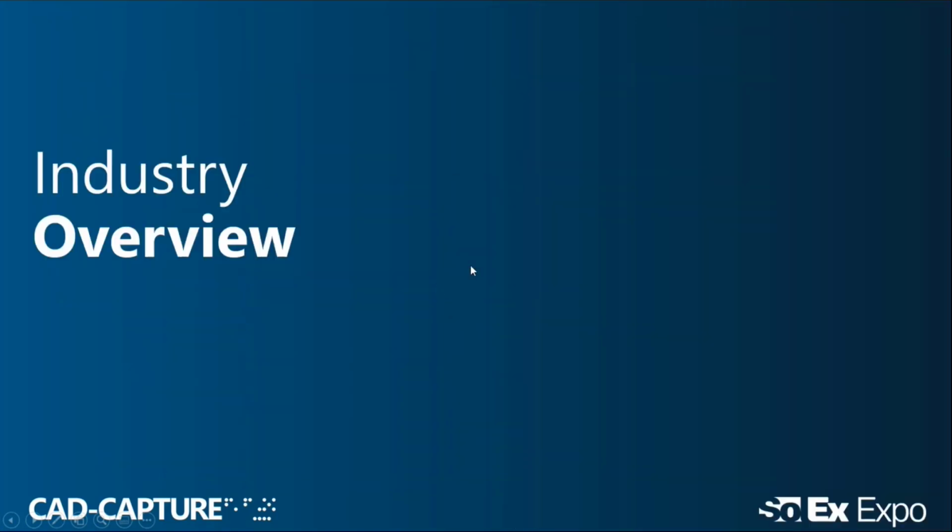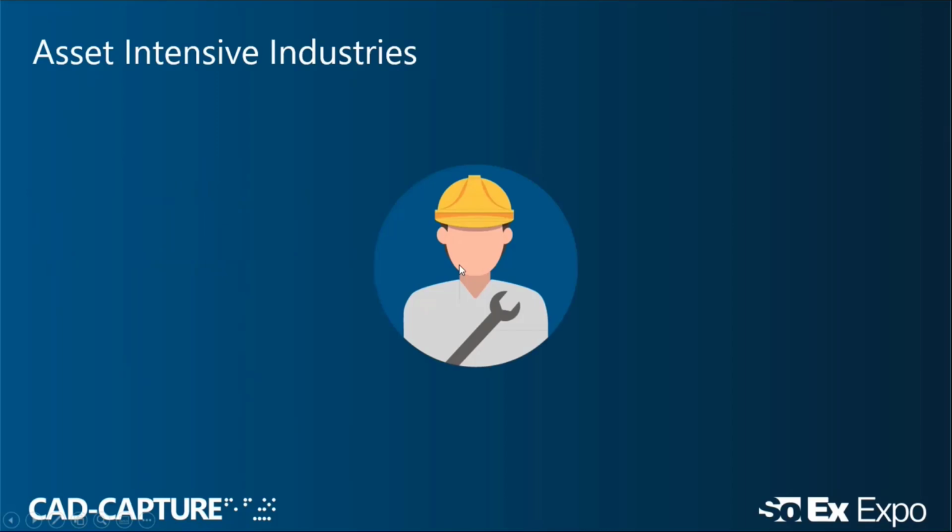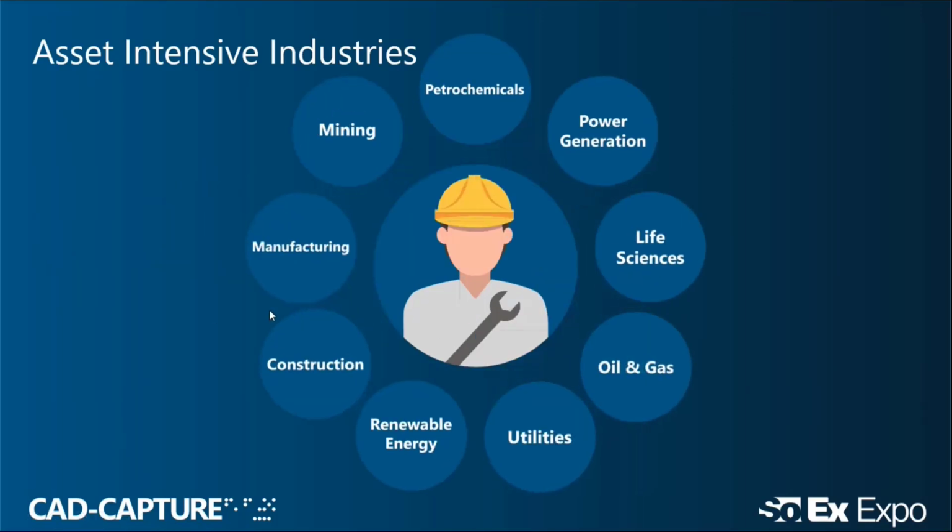Okay, so starting off with the industry itself, we work around the globe and across industry, focusing on asset-intensive industries. So you can see here some of the sorts of organizations and industries that we work in. We have power generation clients over in Asia Pacific, the UK, North America. A lot of oil and gas clients, that is our heritage.